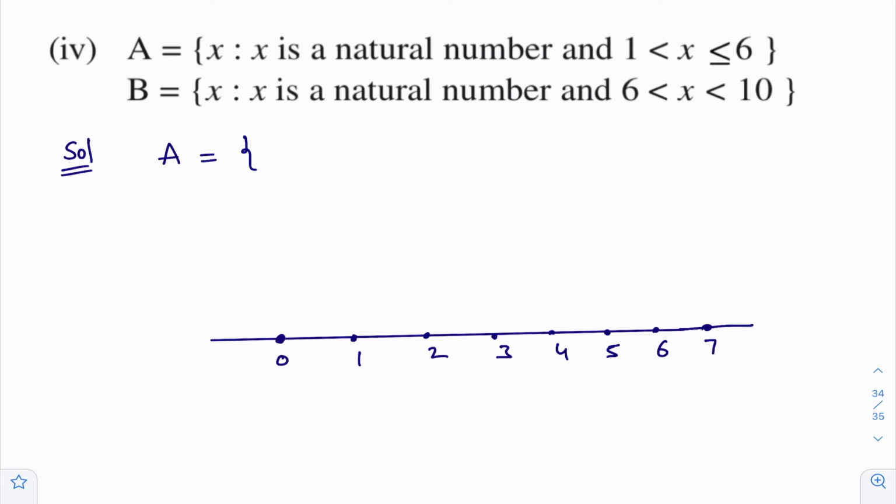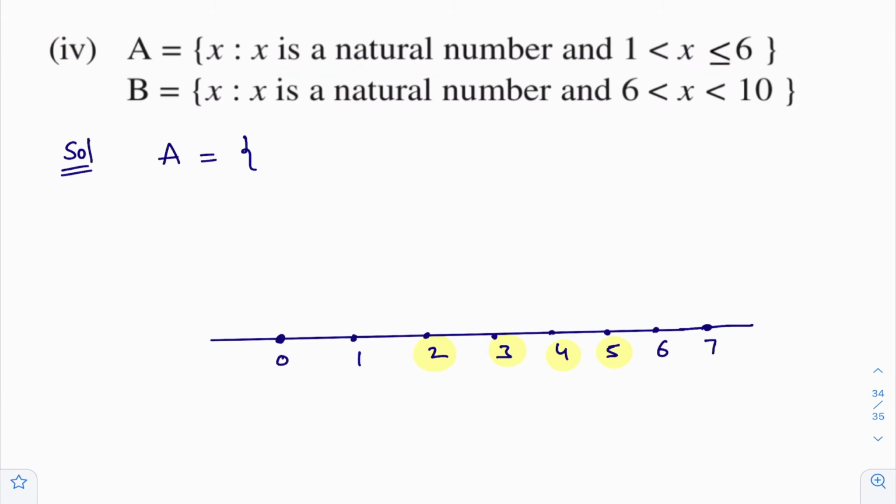You observe here, as they given a symbol like this, in between 1 and 6, what natural numbers are there? You just identify 1 and 6. 2 is a natural number which is in between 1 and 6. 3 is a natural number, 4 is a natural number, 5 is a natural number. These are the natural numbers in between 1 and 6, because they are saying x is a natural number, it must be a natural number and it must be in between 1 and 6.